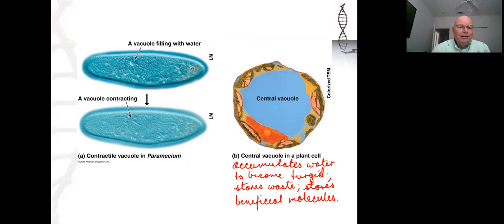So if you had a glass of orange juice this morning for your breakfast, then you are drinking vacuole juice. The vacuole juice is actually a solution of sugars and other materials that the orange specifically stores there so that you will want to eat it.